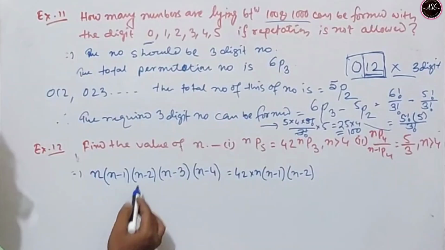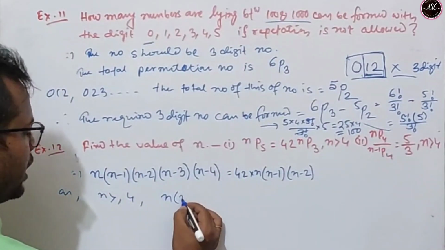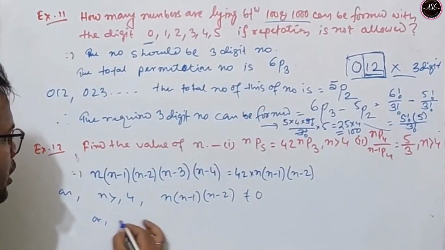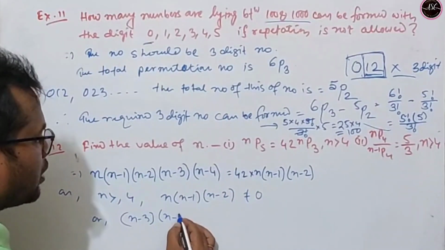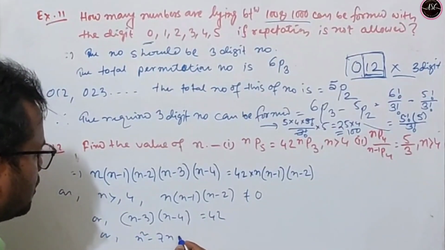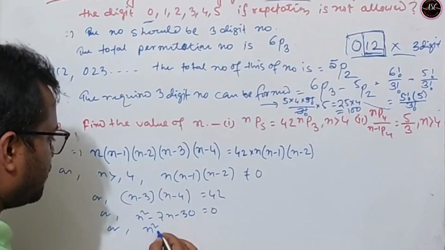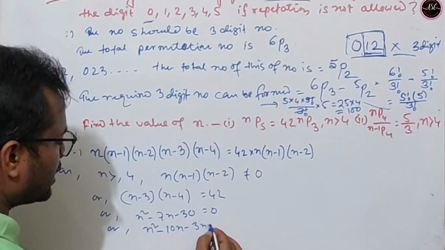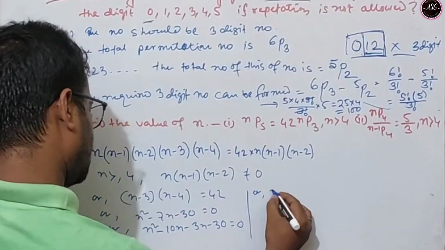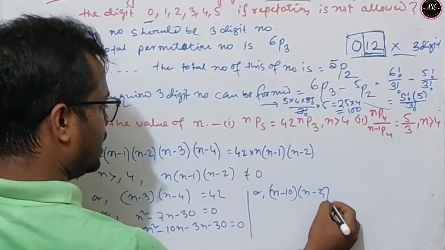As n is greater than 4, n into n minus 1 into n minus 2 is not equal to 0. From this we can write n minus 3 into n minus 4 equals 42, or n square minus 7n minus 30 equals 0, or n square minus 10n plus 3n minus 30 equals 0. Factoring, n minus 10 into n plus 3 equals 0.